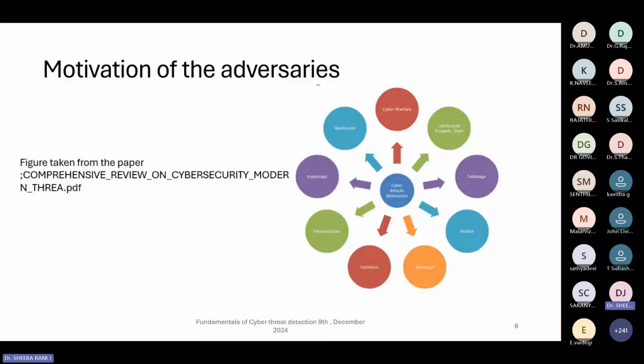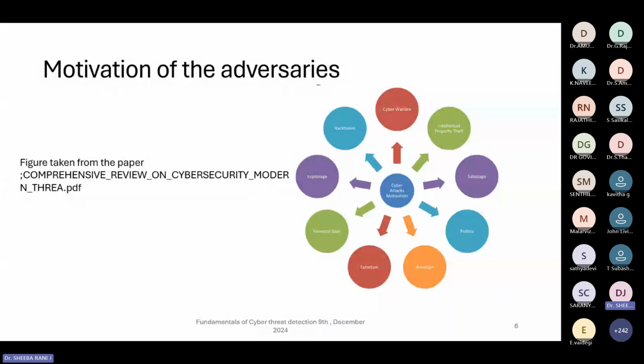I'm saying it's intellectual property theft, right? And they'll be claiming that it is right, between nations. That's why there is intellectual property rights, IP. So for every product, when we make it, we register it with the IP. So these are the motivations of the adversaries.